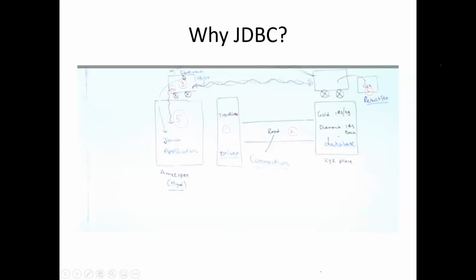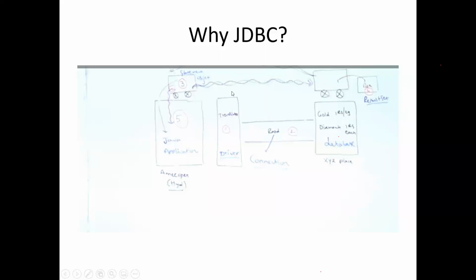What is the meaning of statement objects? The database queries we already wrote are called statement objects. In JDBC, the third priority is the statement objects, with the help of driver and connection.